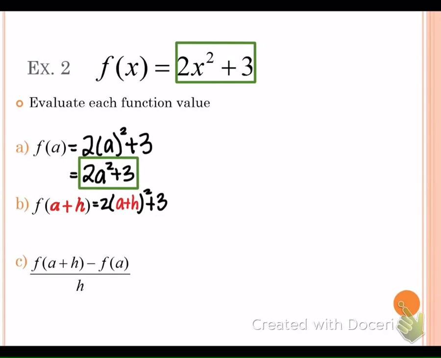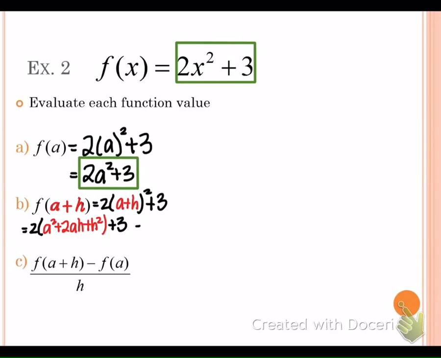So when we do FOIL, we're going to get this, and I'm hoping you guys believe me. A squared plus 2ah plus h squared plus 3 there.